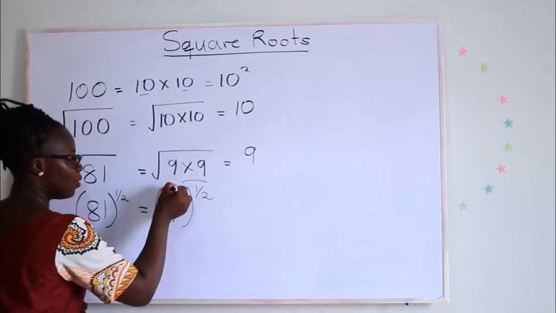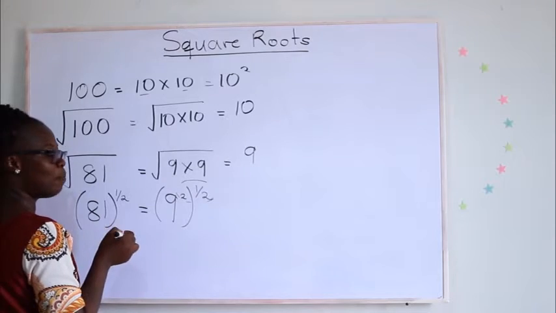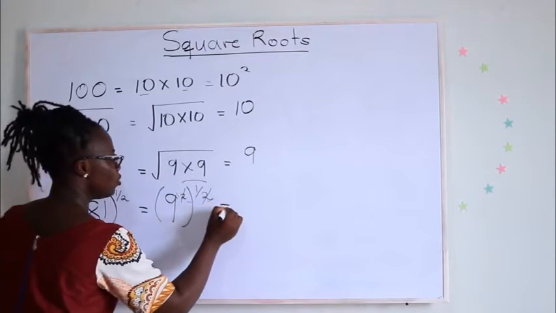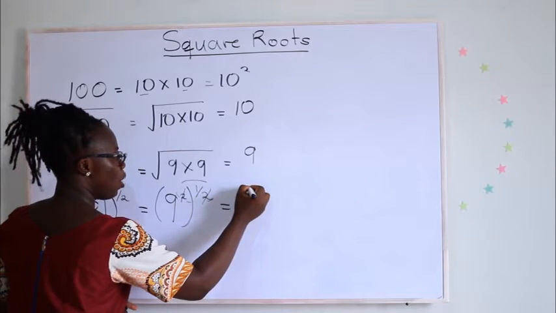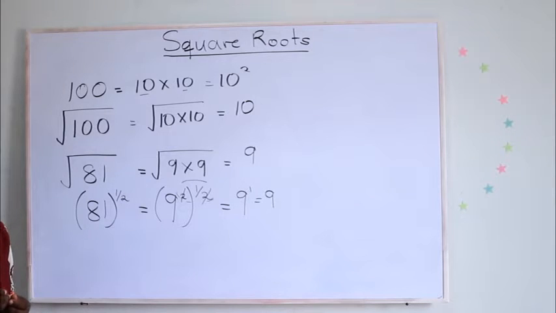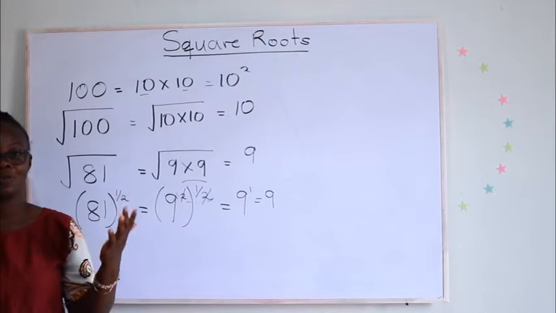Let's solve the exponential part. You realize that 2 can cancel 2 to get 1. So I have 9 raised to the power 1, which is equal to 9. So basically, that is square root.